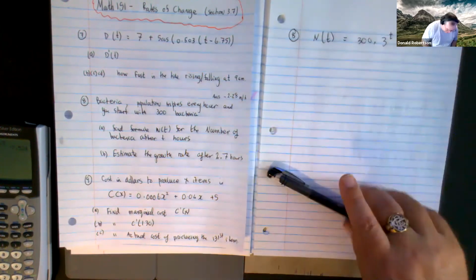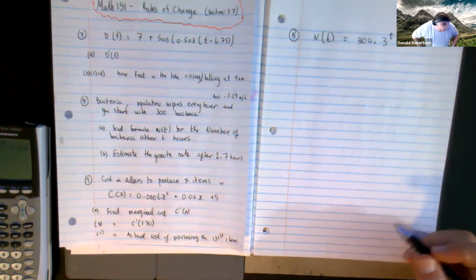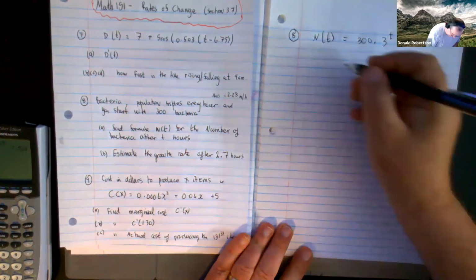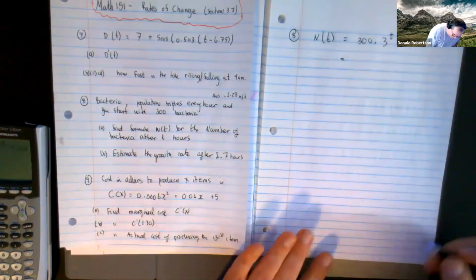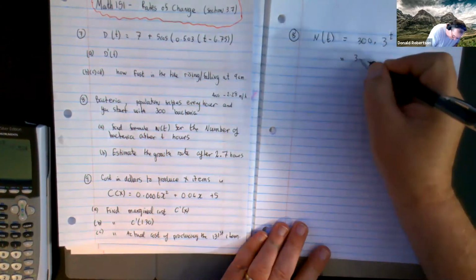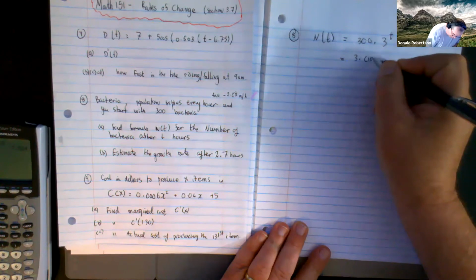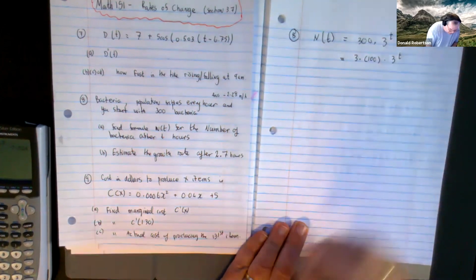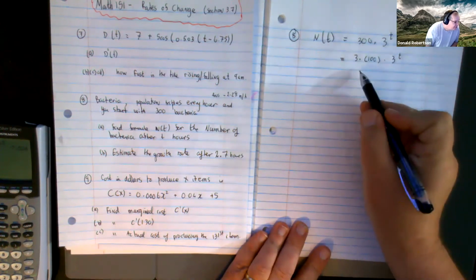And I like that answer. And I hope WebAssign allows you to type that answer in. But that's not the answer I'm looking at. They did this, which I am not that happy about, but I understand it. 300 can be written as 3 times 100.